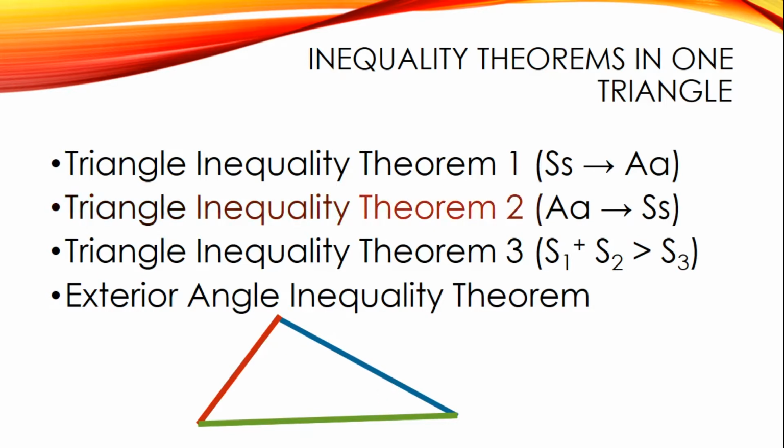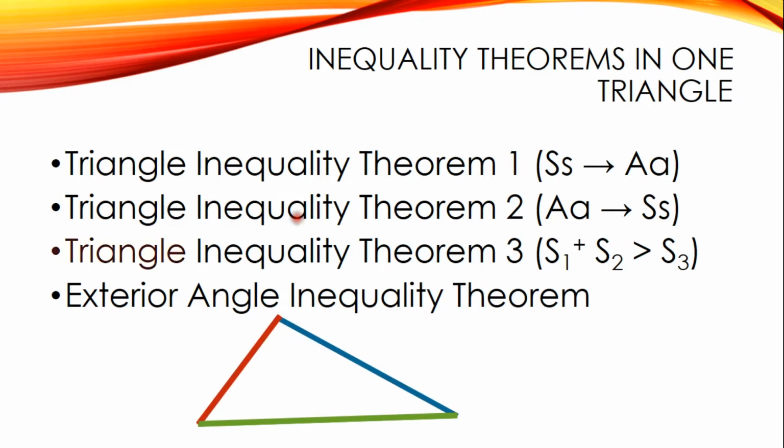Triangle Inequality Theorem 2 states that if one angle of a triangle is larger than the second angle, then the side opposite the first angle is longer than the side opposite the second angle. So it is just the converse of Theorem 1.